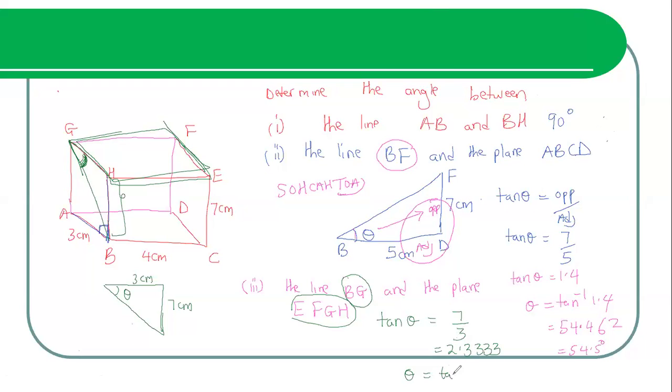So when you get tan inverse of 2.3333, you'll find 66.8 degrees to 1 decimal place. Okay, I think we are good to continue.